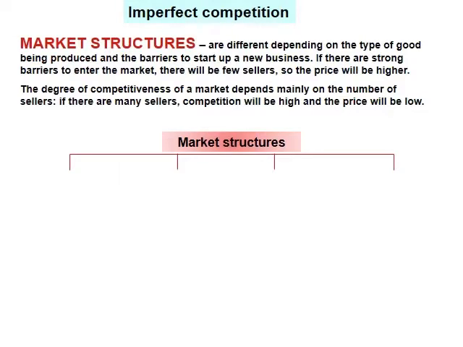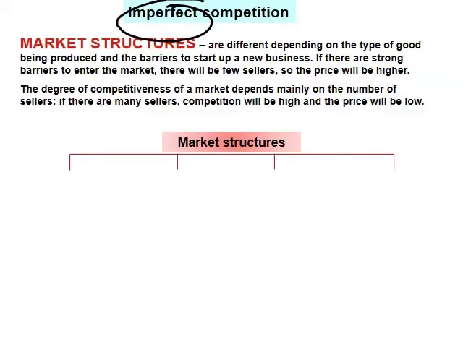So that was perfect competition, but now we're going to look at the real world, at market structures in the real world. And this course doesn't really focus on these individual structures, and as you'll see, we're only really going to focus on what we will call imperfect competition.